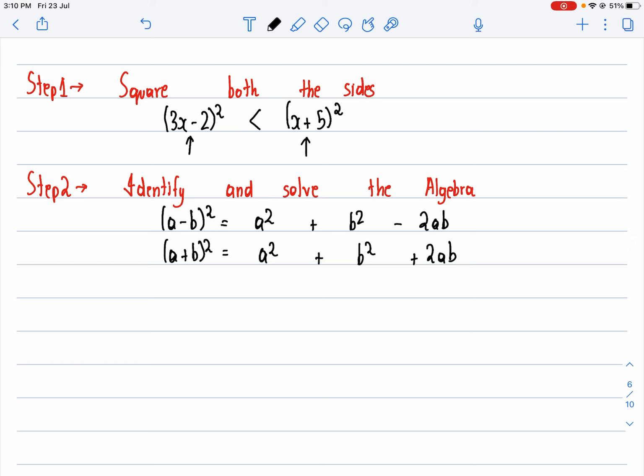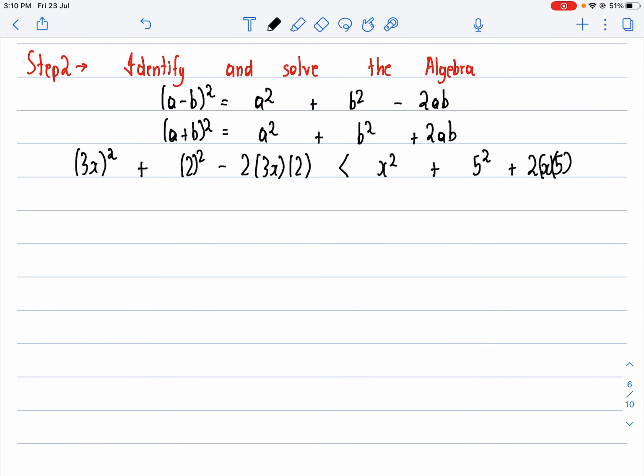So using these two formulas, I can write this as 3x the whole square plus 2 square minus 2 into 3x into 2, which is less than x square plus 5 square plus 2 into x into 5. Correct? This is what I can write.